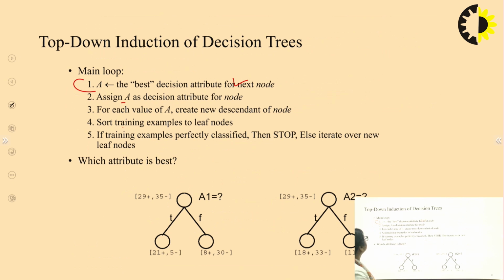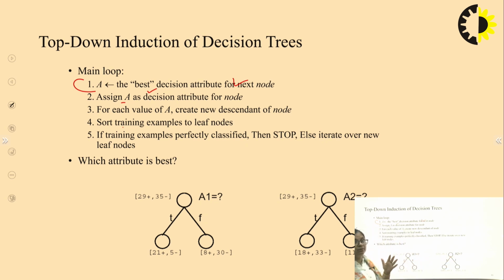Now the question comes, how will you decide that it is the best attribute? Let us discuss which attribute will best classify the examples. Suppose I am having one attribute A1 and another attribute A2.